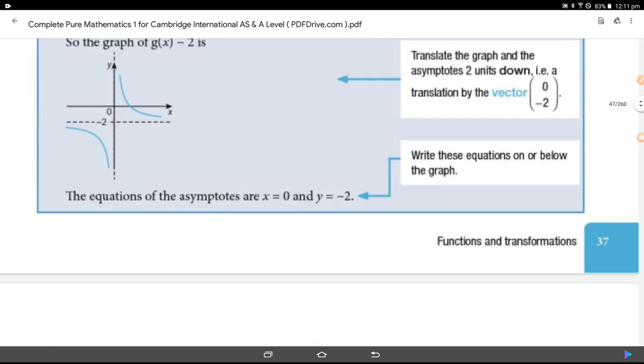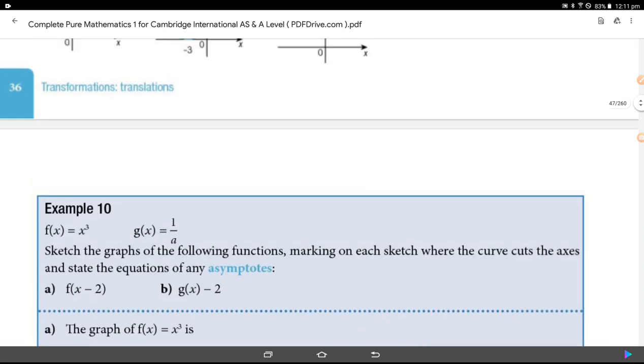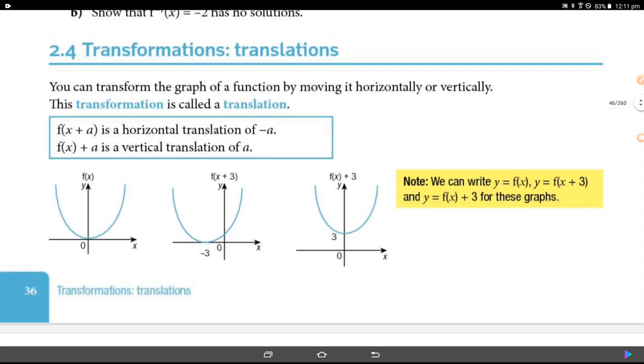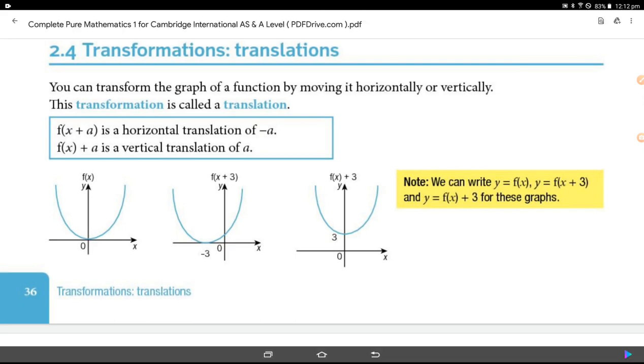So I'll go for this concept which is called translation. Then inshallah you can understand the question easily. For example, if you add a number outside the function, this is called vertical translation by a. What this means is the diagram will move up. For example, if it is 3 outside, then 3 up. If it is -2, it will go down.